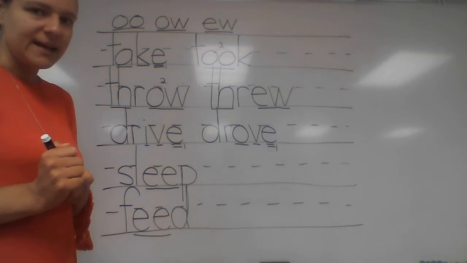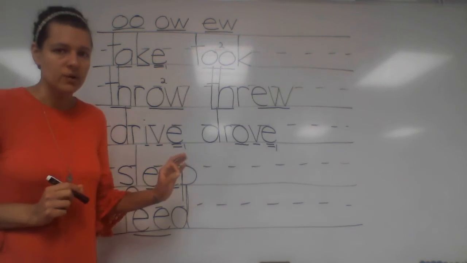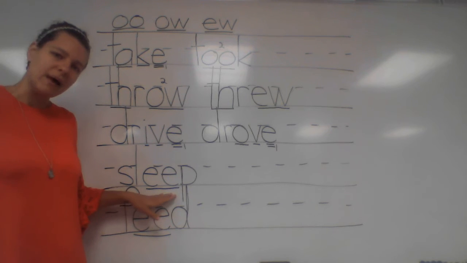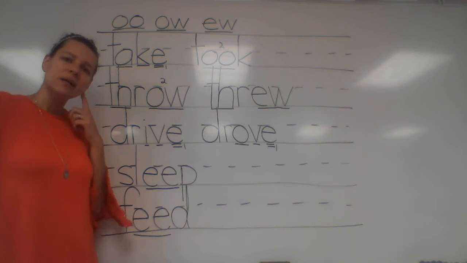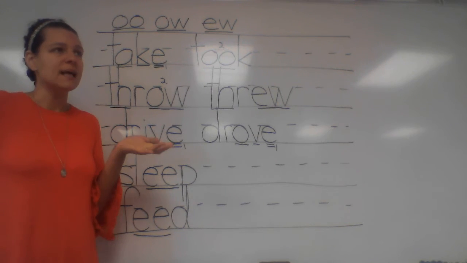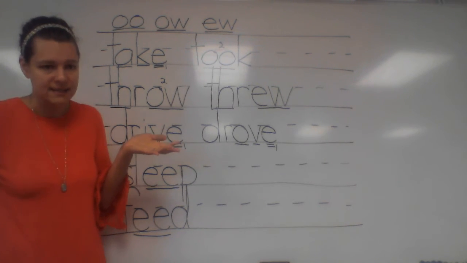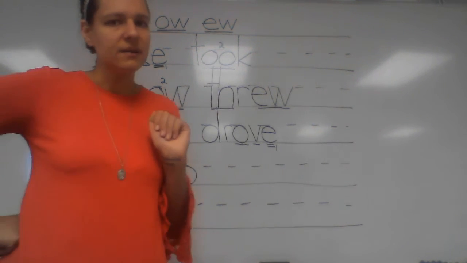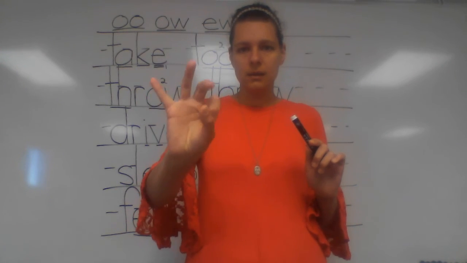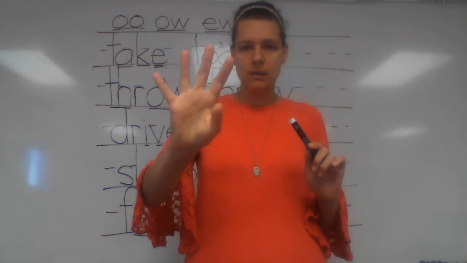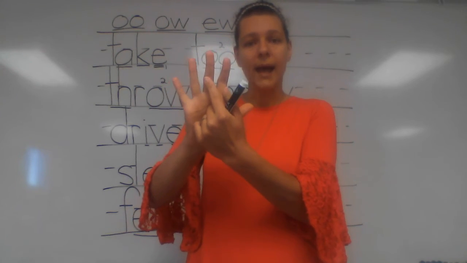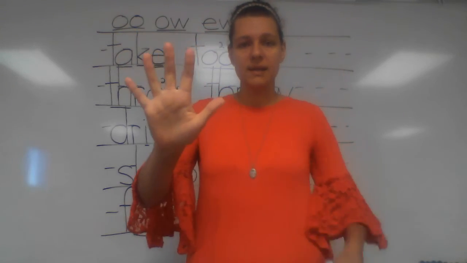All right, our next irregular verb that we're going to put in the past tense is sleep. Class, if you remember the past tense of sleep, tell me what it is. Good, slept. I slept for 7 hours last night. Slept. What sounds do we hear in the word slept? Good. Slept.